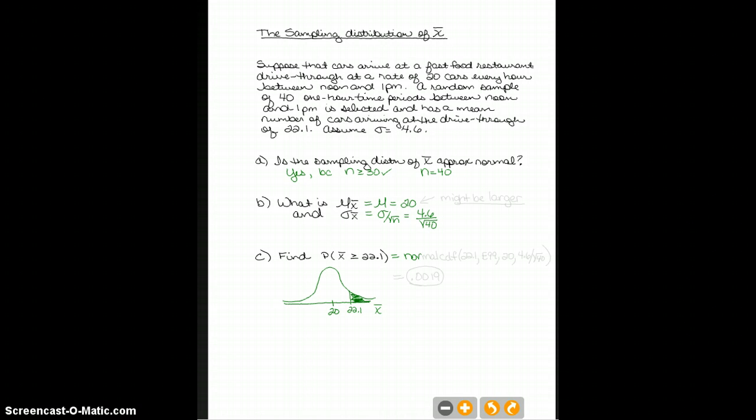We'll use normal CDF. The lower bound is 22.1, the upper bound is infinity. The mean is 20. The standard deviation is 4.6 divided by the square root of 40, and I'll type that in exactly as you see it in my calculator.